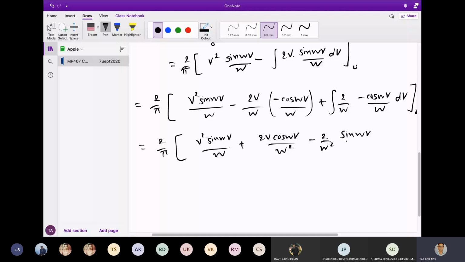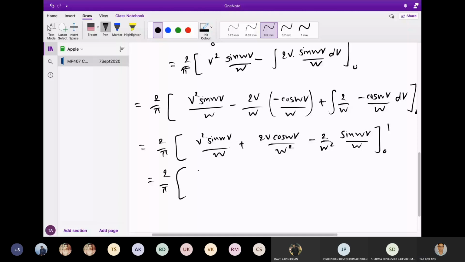Okay, so this is, I think, not that difficult to evaluate. Let us just do it, and we'll just write down the answer, what will be the coefficient. So the first term, we are putting v equal to 1, which is integration with respect to v, so limits are for v only.